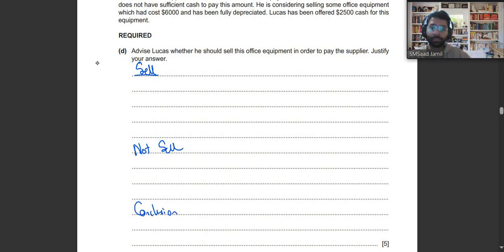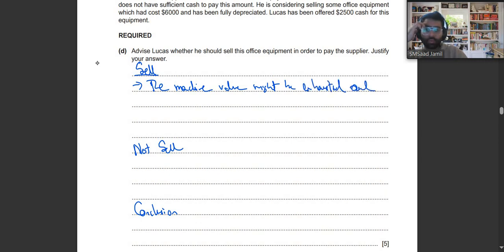So, for example, a reason why you should sell the machine can be that the value of the machine might be exhausted and we might be able to make a profit on disposal. So this can be the first reason.